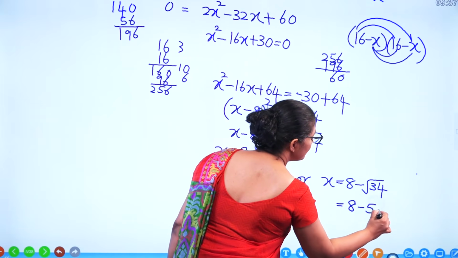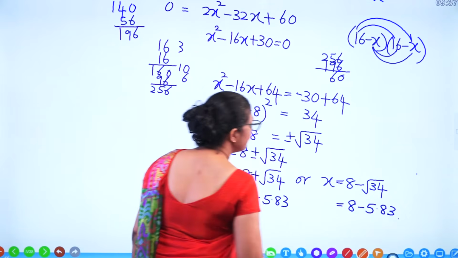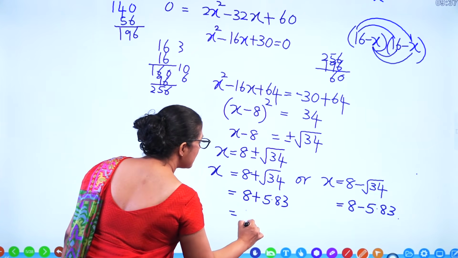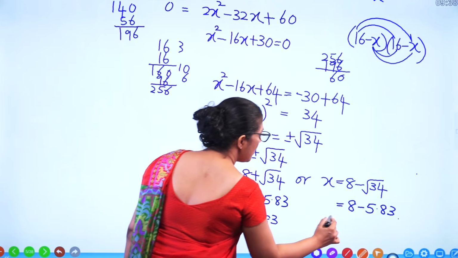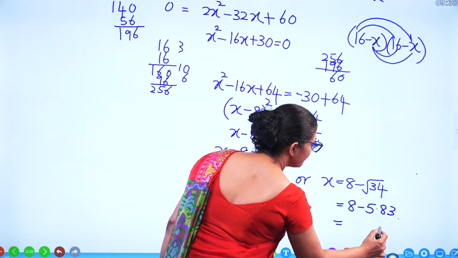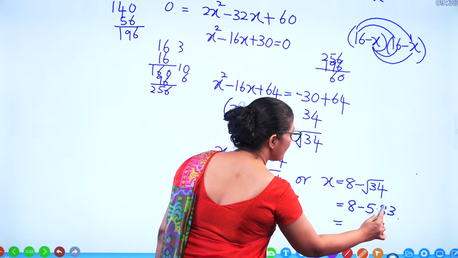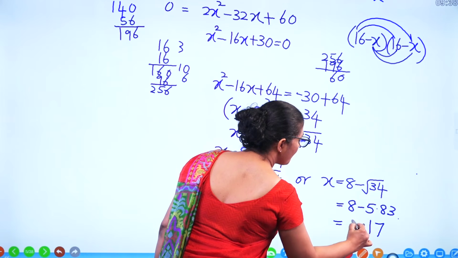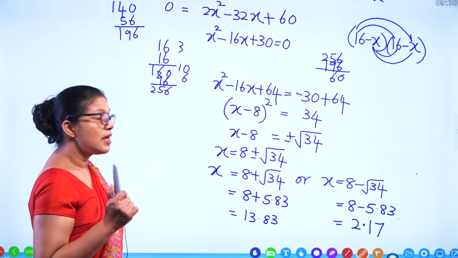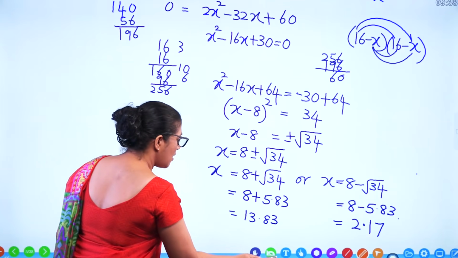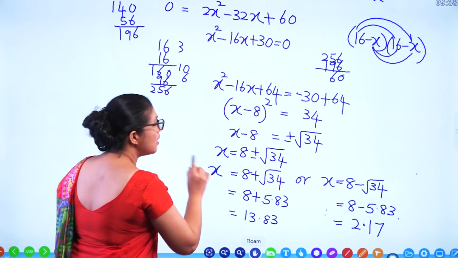So you get 13.83 or 2.17. This is about the width or breadth of the rectangle.